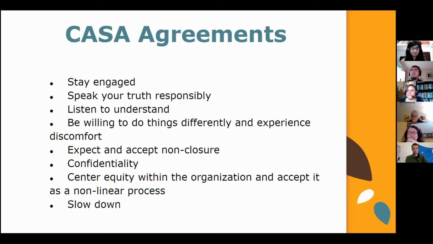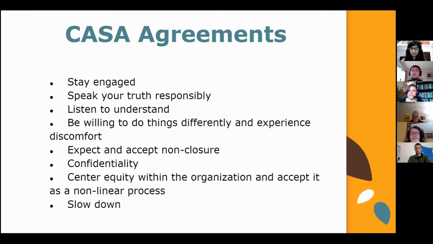The CASA agreements that we have on here are really just another tool that we use towards our equity work. At CASA, we've come up with this list of agreements that we all want to try our best to do in meetings and trainings together. I mostly have these in here today as an example of the types of things that I mean when I say tools towards equity work.